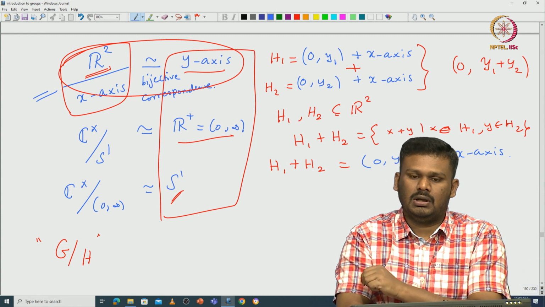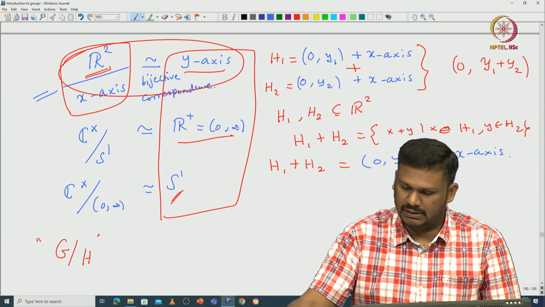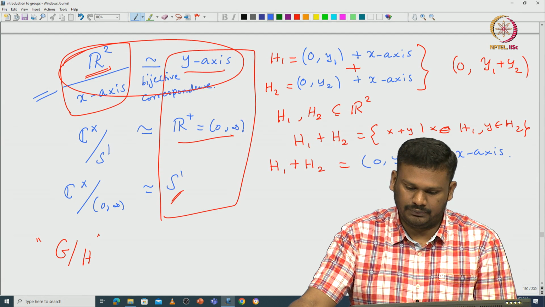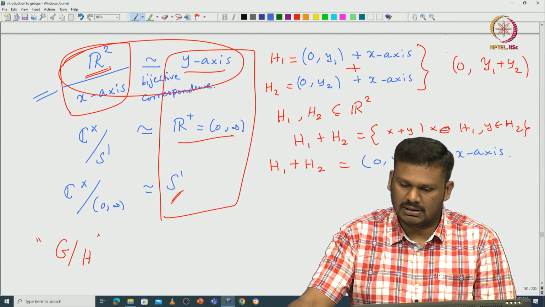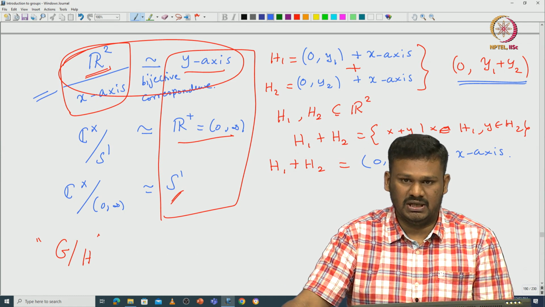Let us start using group notation, and then it will become more clear what we are talking about. Somehow, magically, the addition that we have in R2 coincides with the addition in the images.